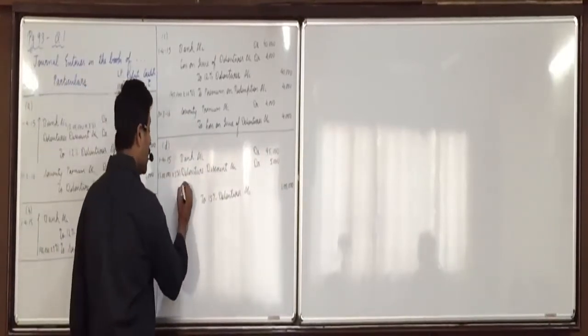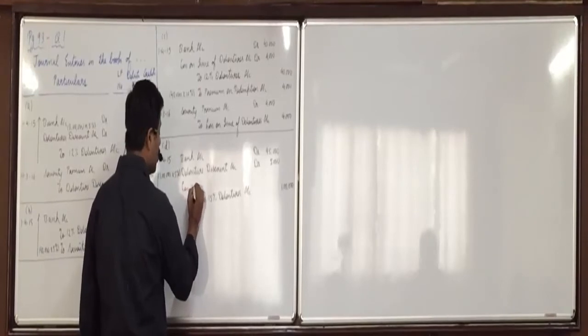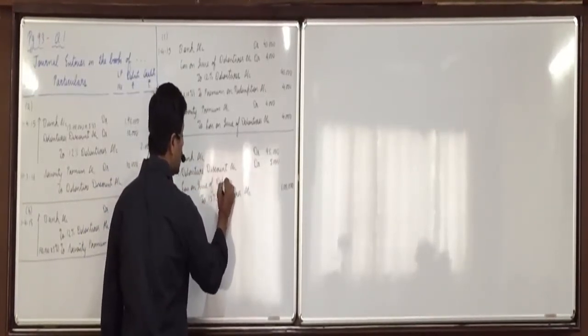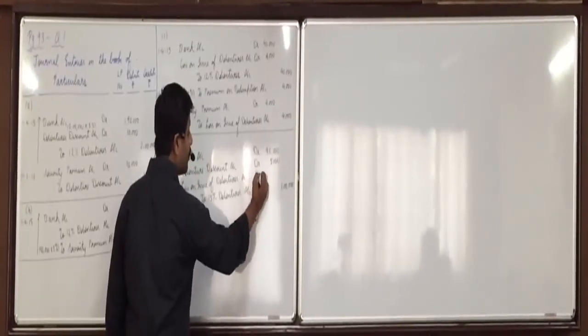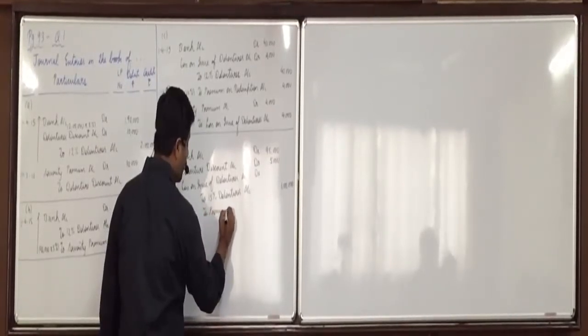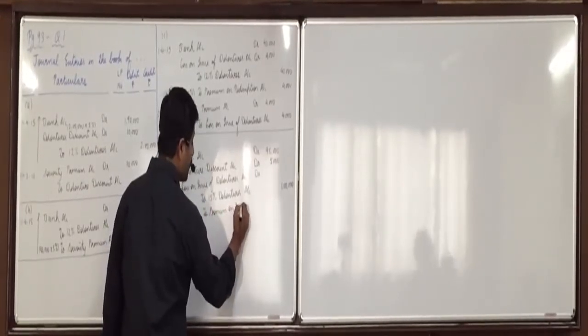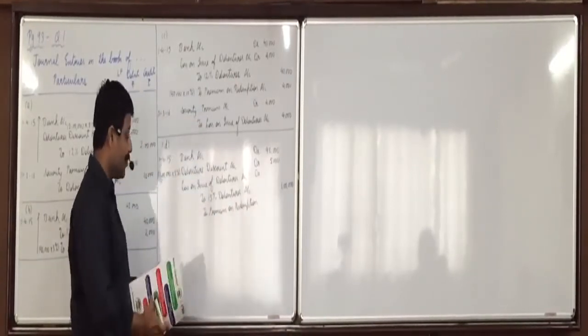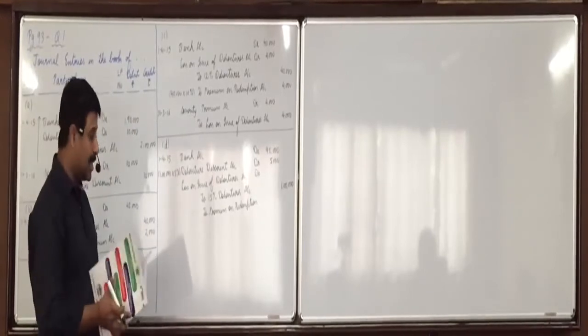Now we'll combine the effect of redemption and premium, loss on issue of debentures account debit to premium on redemption account. Now premium on redemption is 10%.